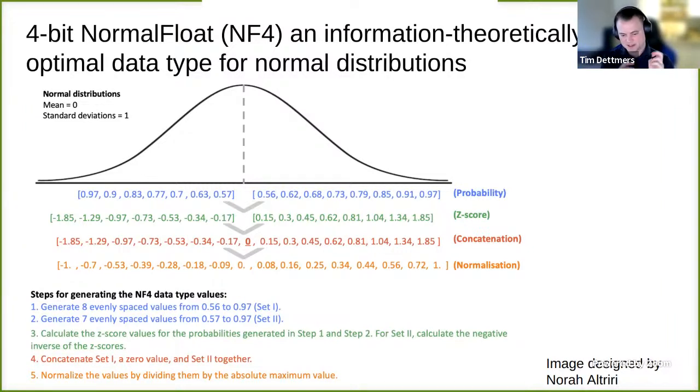There's a simple visualization. In the beginning, I showed you the normal distribution sliced up with equal width bins. We get an information theoretically optimal binning if each bin has equal area, not equal width, but equal area. Equal width was the integer quantization. Equal area is the normal float quantization.